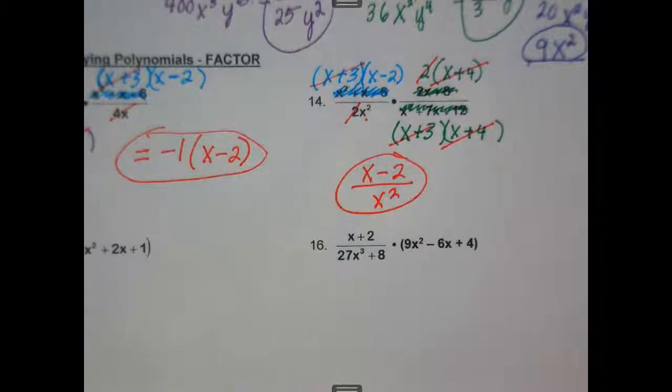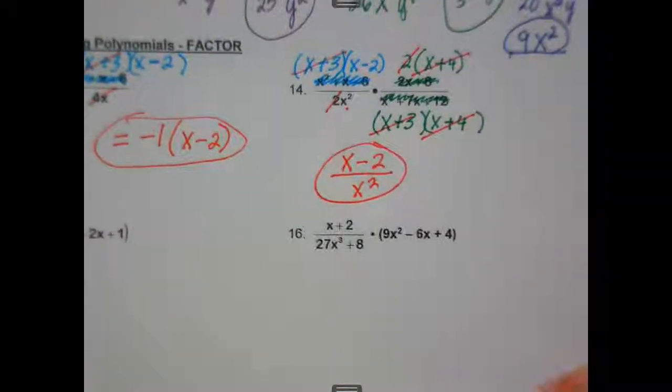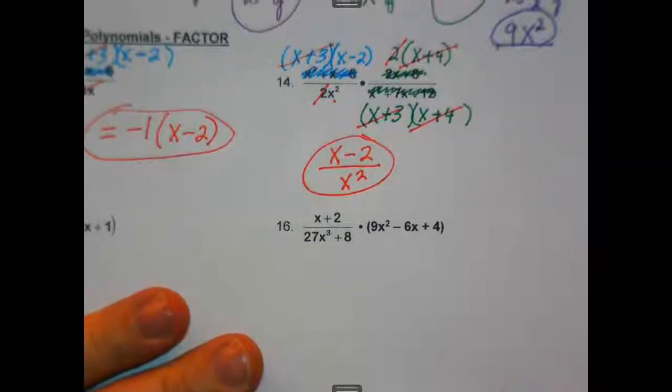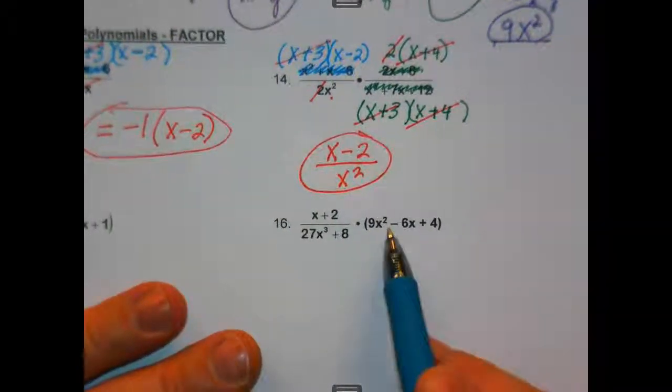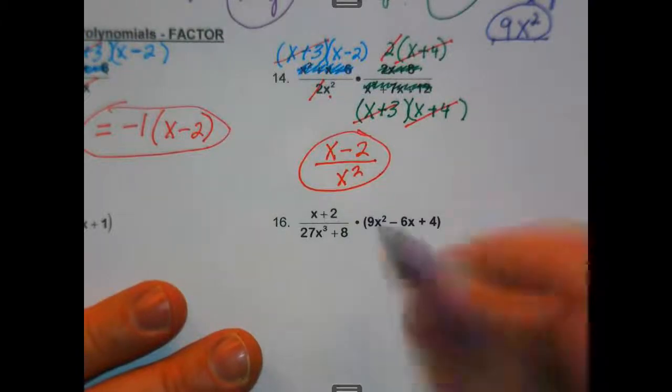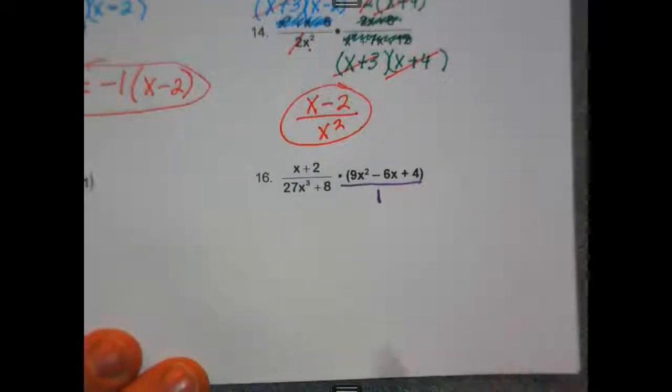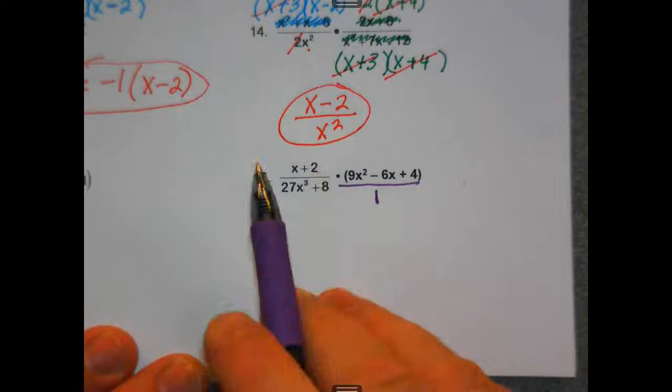All right, we're not going to do 15 because it's ungodly long. And number 16. Okay, this is like a whole number, so I'm going to put it over 1. Now, here we have a sum of cubes.